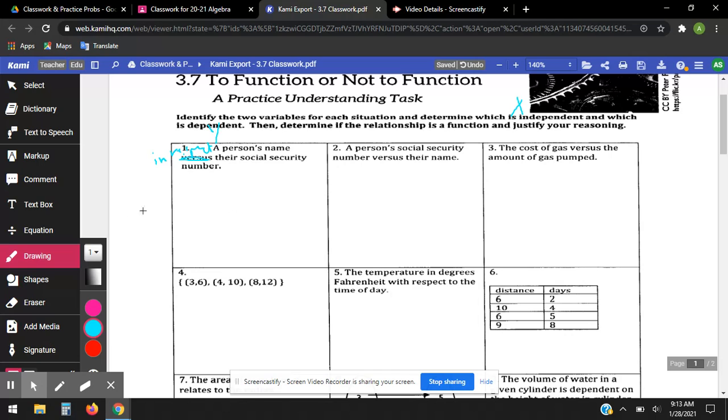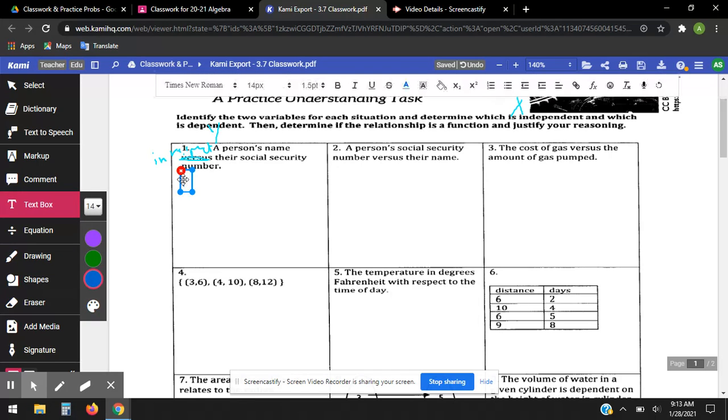So when I write it this way, it helps me think of it in terms of what do I need to have first? Well, if it's in respect of their social security number, then x would equal that social security number, and y would equal their name.